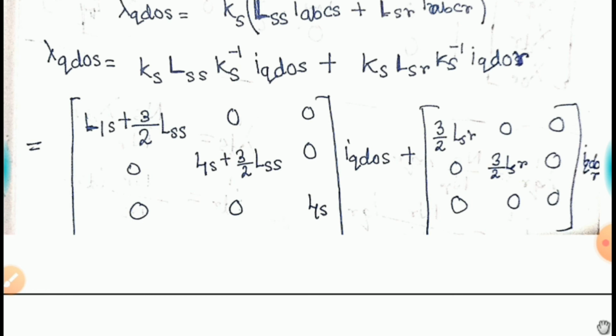In case of synchronous machine, unless you attach your reference frame with your rotor, the transformation from one reference frame to another won't give you much advantage.